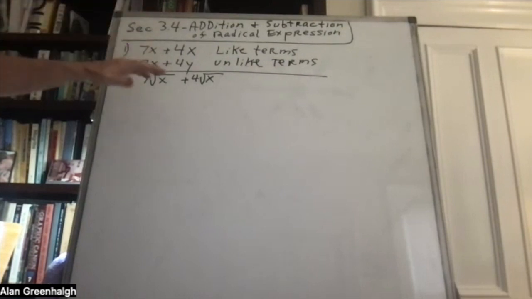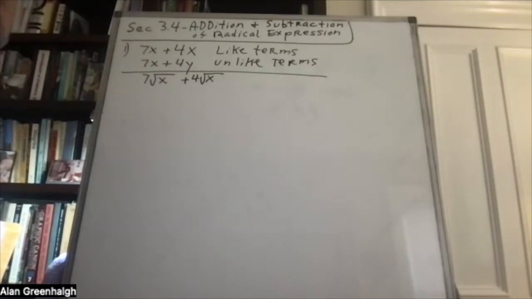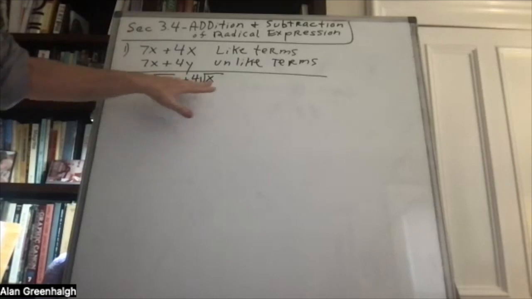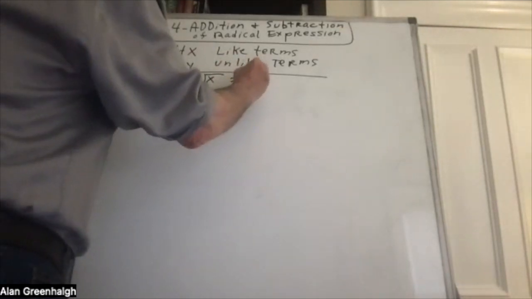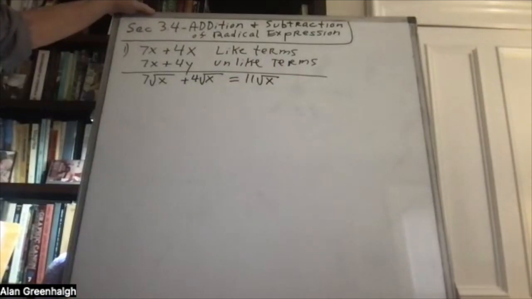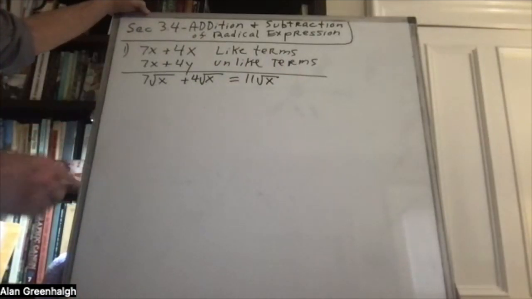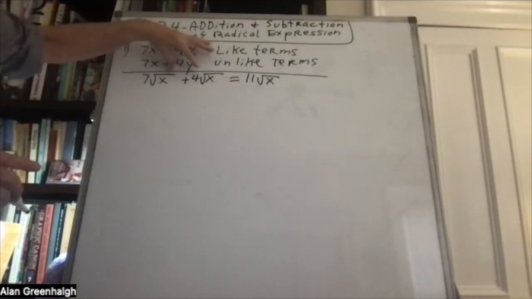And what makes them like radicals or like terms, I don't want to call them like terms because there must be another name for them, but I didn't look in the textbook. But these are considered like terms. So the answer here would simply be 11 times the square root of x, not 11 times the square root of x squared. That's not how you add them.